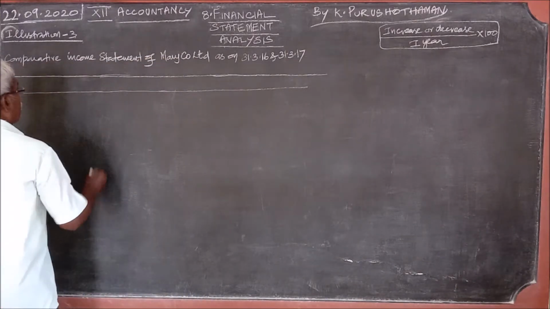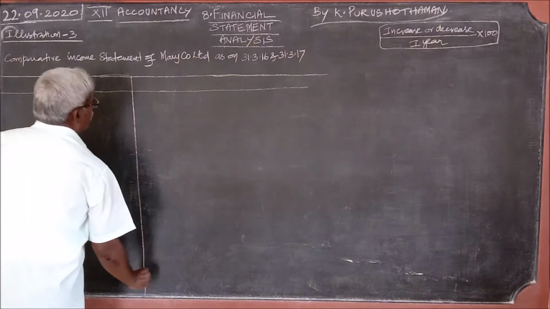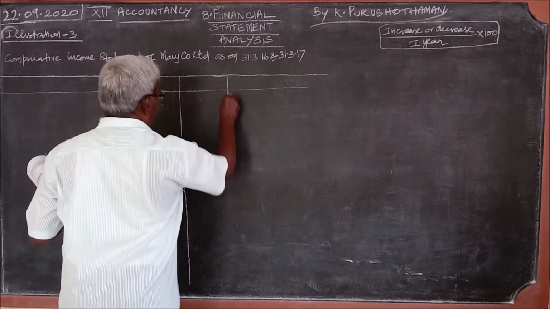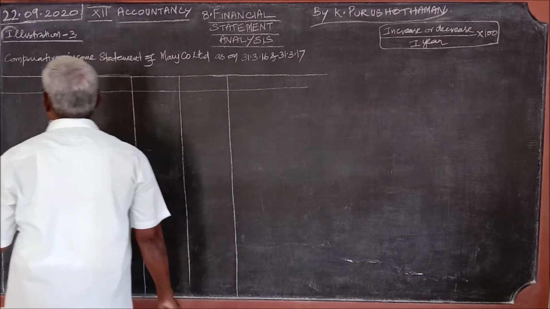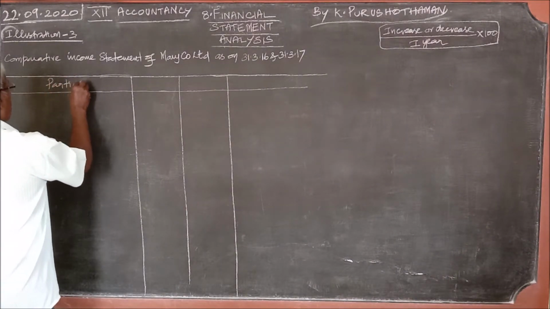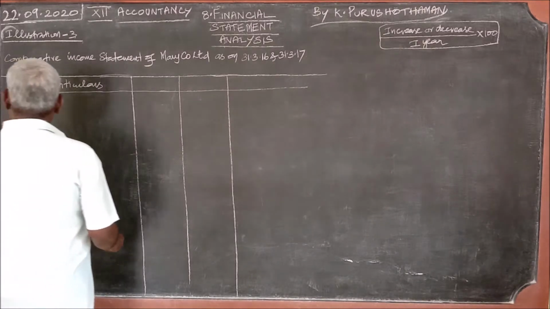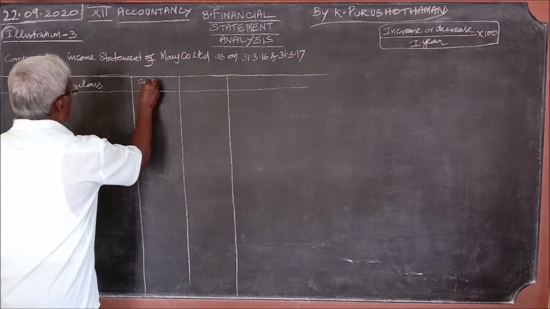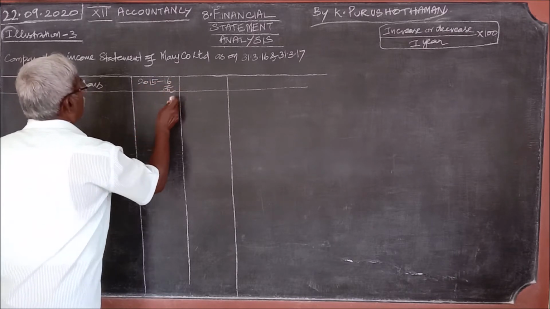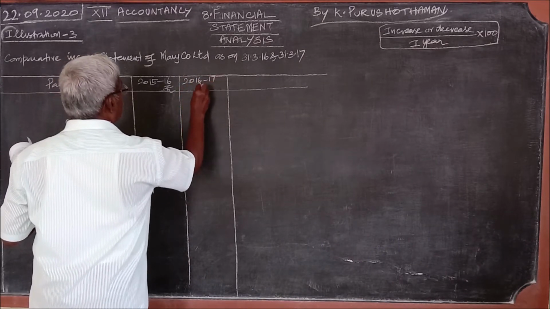The first one for particulars, the next ones for the 2 years: 2015-16 and 2016-17.